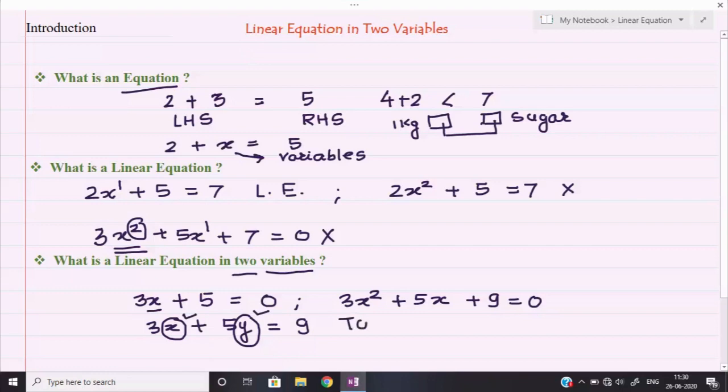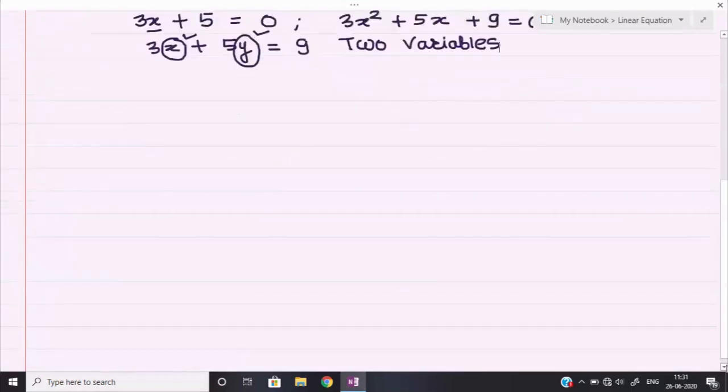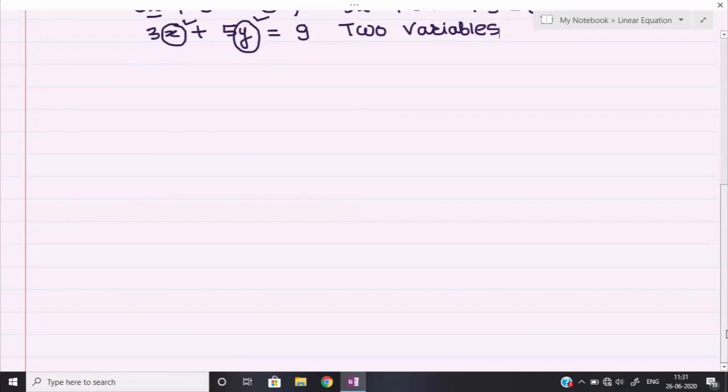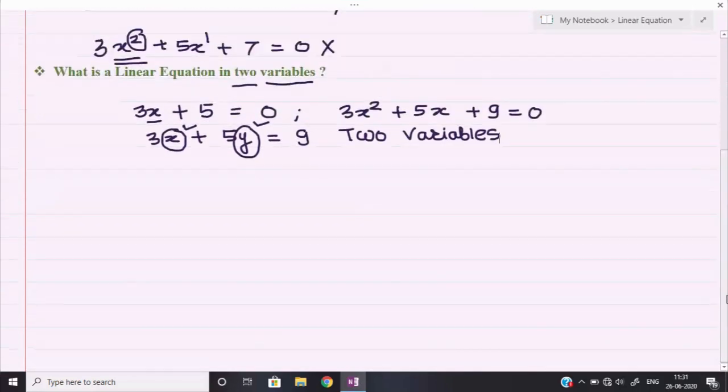So here we have two variables. Now we shall see all three things together. I will write down an equation, I will write down a linear equation also, and I will write down a linear equation in two variables also. Okay, so let us see the compiled example of a linear equation in two variables.